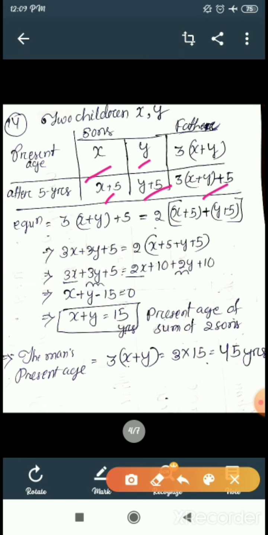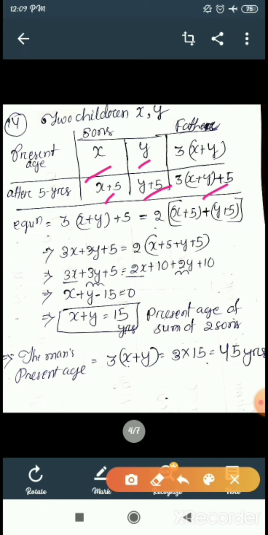What is given? After 5 years, the man's age will be double the sum of their ages, that means the 2 sons. So what will be the condition?